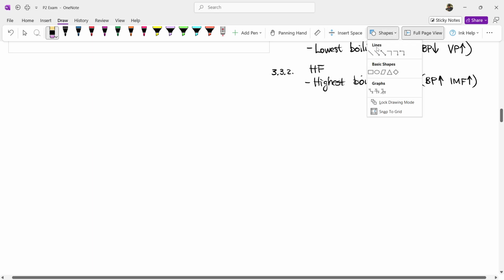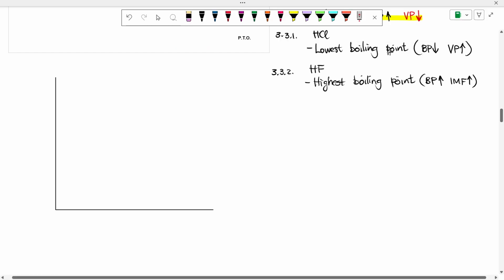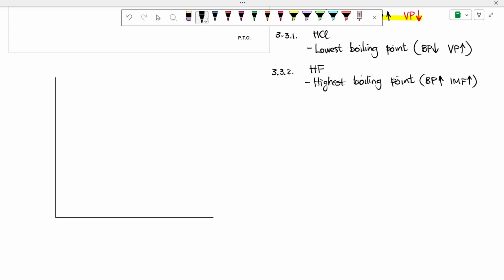Insert the graph. So I'll go from negative 85. You see this line here doesn't represent 0, or if I want I can put it on 0, that's fine.